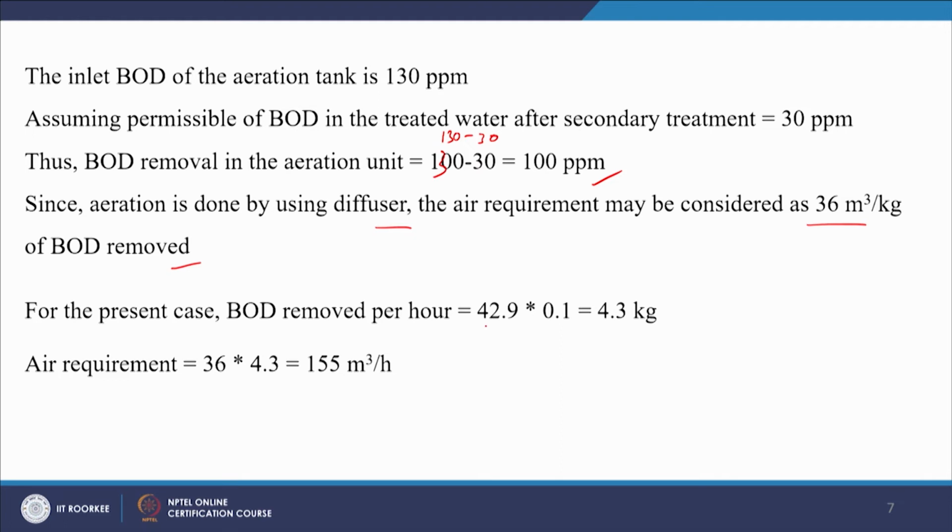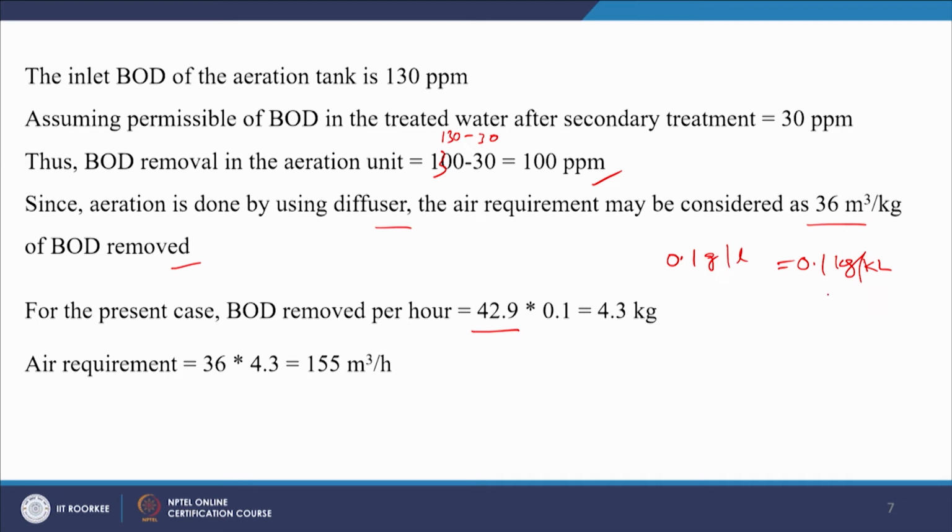So, the treated water volume is 42.9 in this unit, and here the removed BOD is 100 ppm, that is equal to 0.1 gram per liter, or 0.1 kilogram per kiloliter or meter cube.